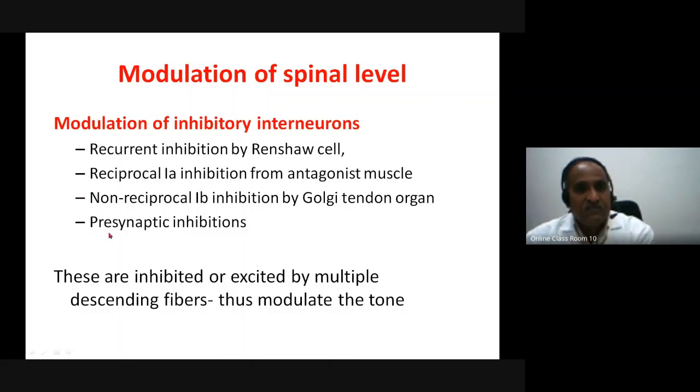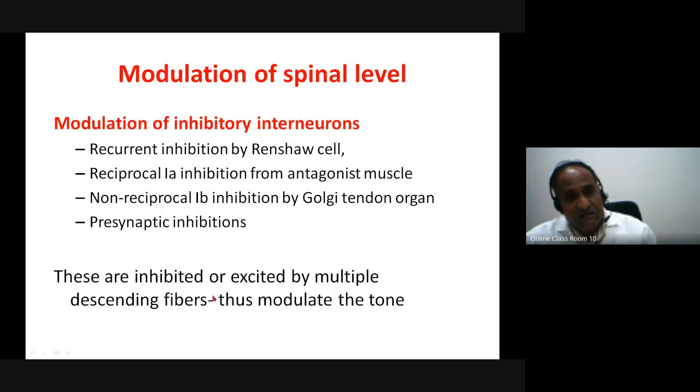I have just written 4 inhibitory interneurons: the recurrent inhibition by the Renshaw cell, the reciprocal 1A inhibition by the antagonist group of muscles, which we have already seen, the non-reciprocal inhibition brought by the Golgi tendon organ, that is group 1B activation, and the presynaptic inhibitions which are coming from the descending inputs.